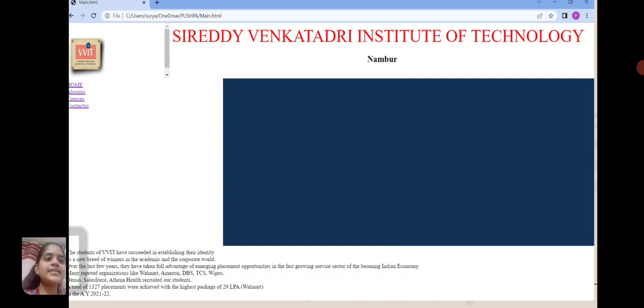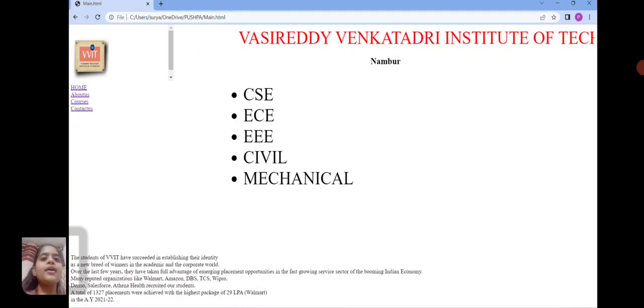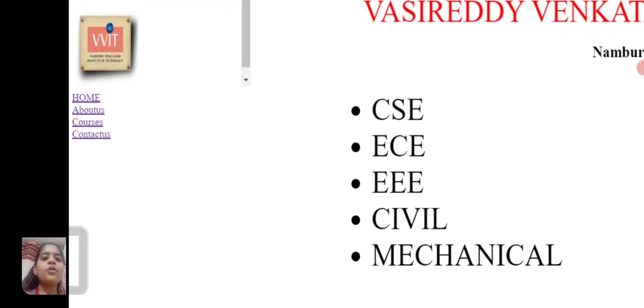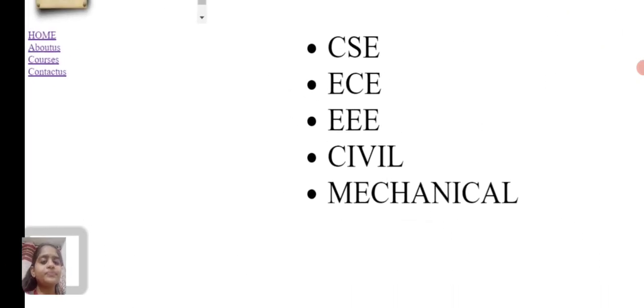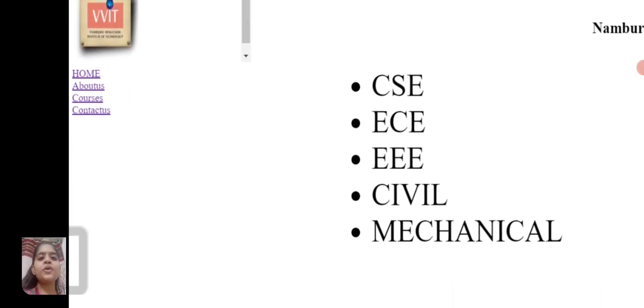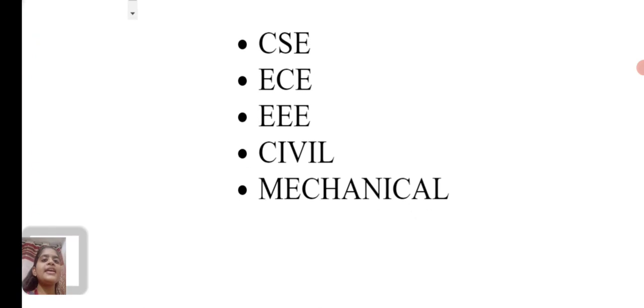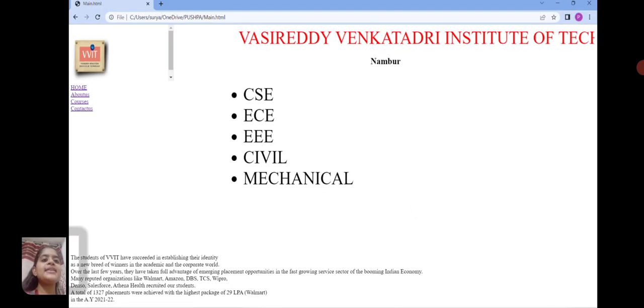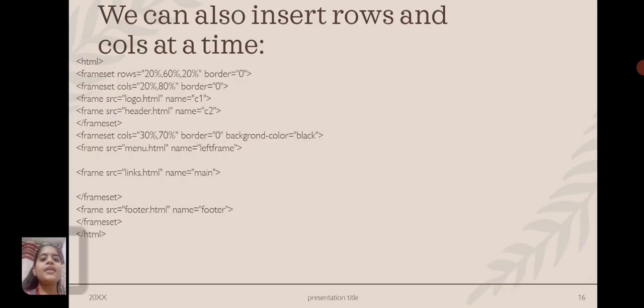So let's see an example. Here when I click on courses, the content which is written in courses will be displayed here. In these courses I wrote the content CSE, ECE, EEE, Civil and Mechanical, and the third row is 20%.